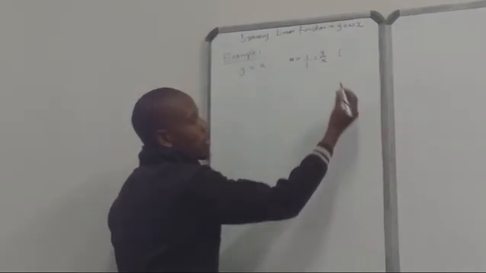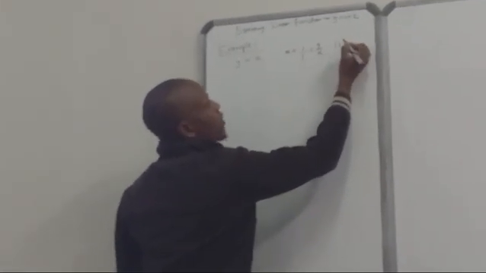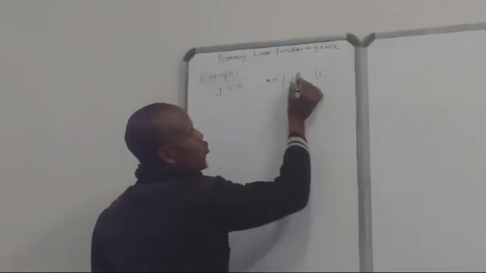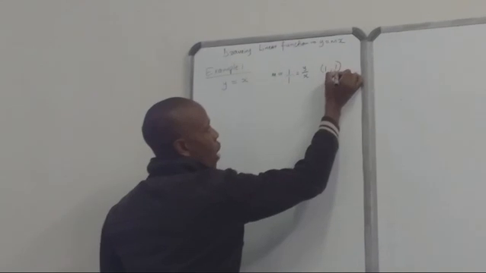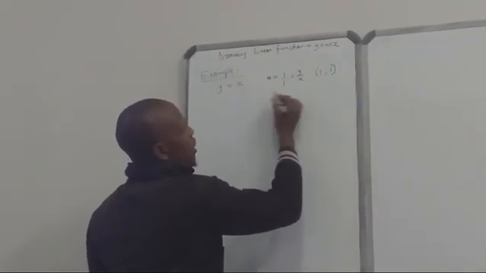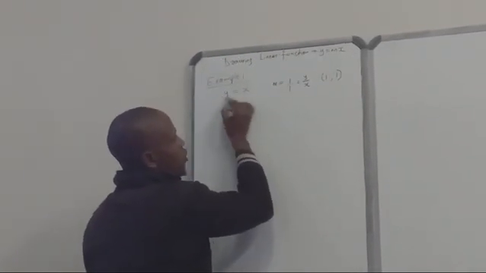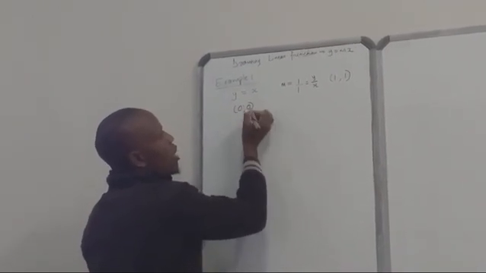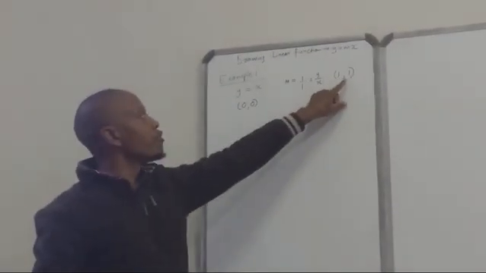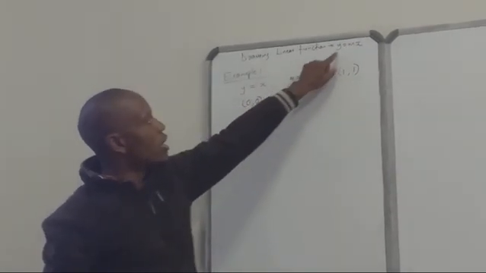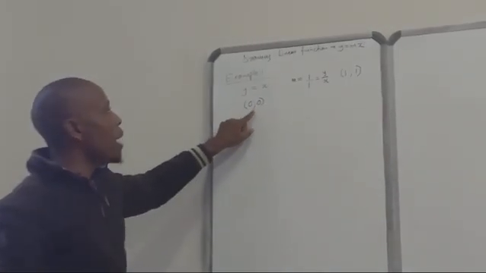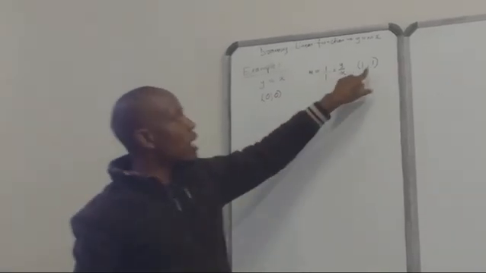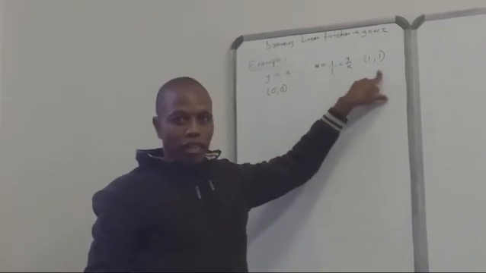It gives us x is 1 and y is also 1, in addition to the point that we already have, which is 0 and 0, because we know that the graph of y equals to mx always passes through the origin. So that's 1 point, and our second point is 1 and 1.